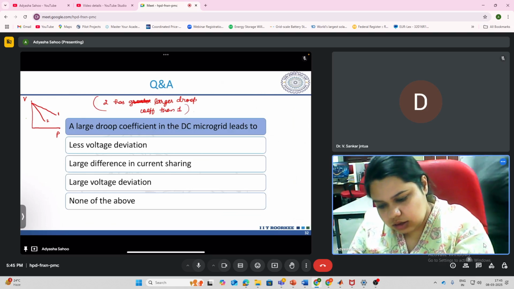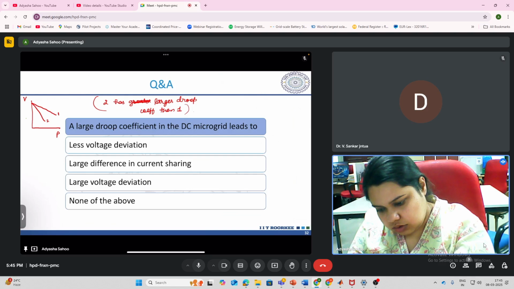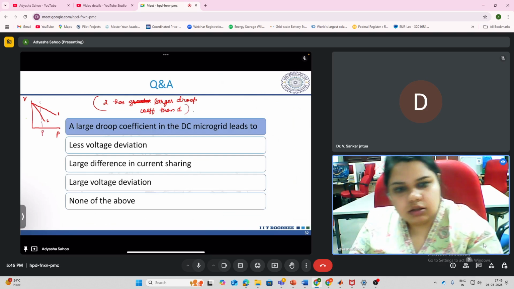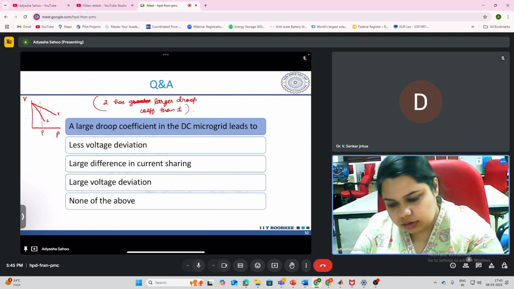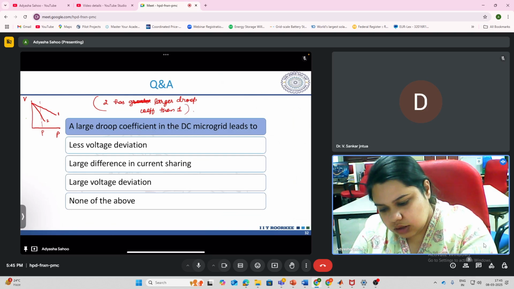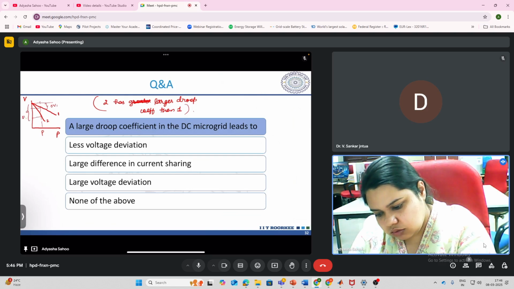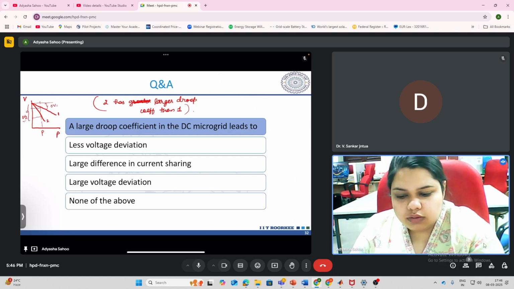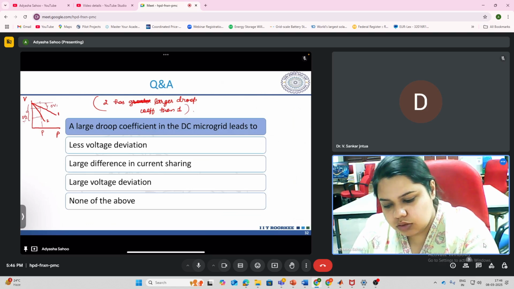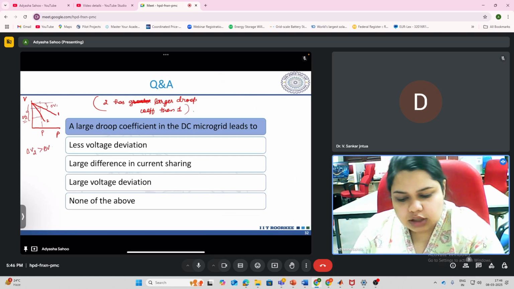So we'll see that for a constant power, what is the change in the voltage deviation? If you see here, this is V2, this is V1. This is delta V1, this is delta V2. The one with larger droop, basically 2, has delta V2 greater than delta V1. So it has larger voltage deviation.